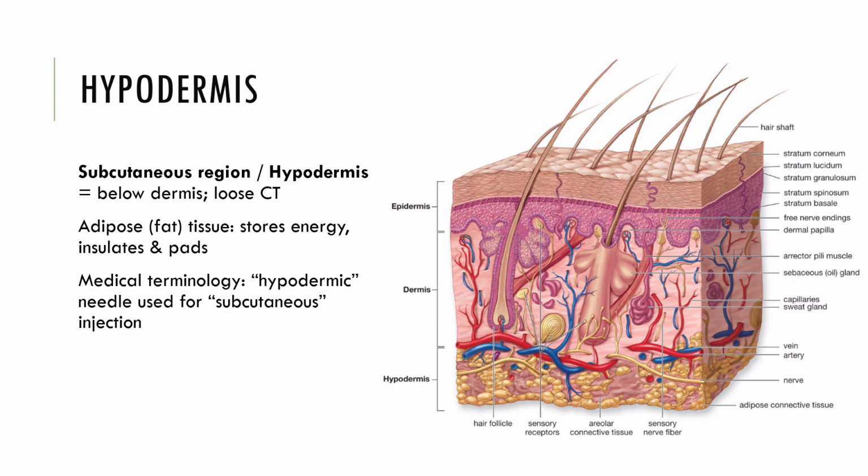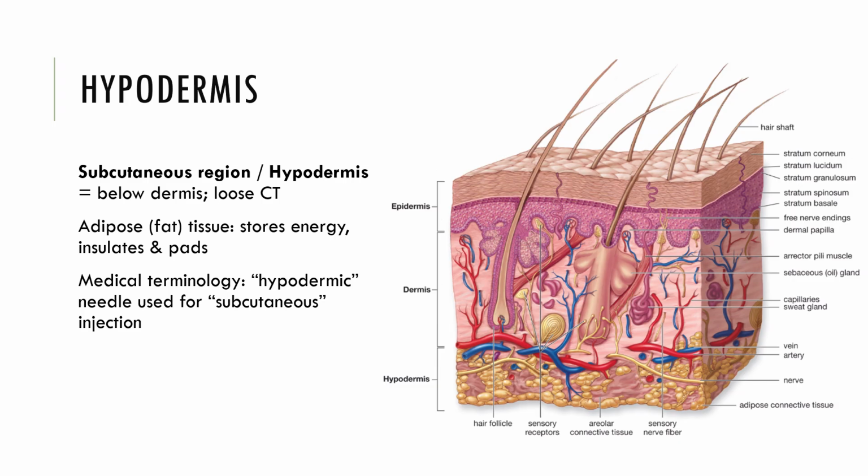It contains larger blood vessels and lymphatic vessels that supply the skin. The fat stored in this layer is distributed differently in males and females, and this is due to hormonal differences.